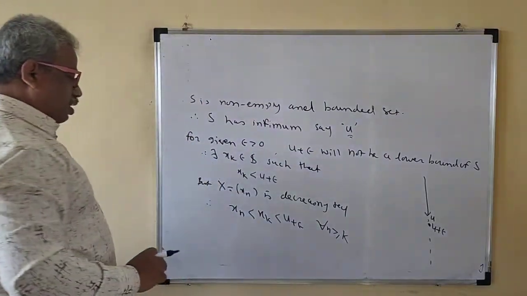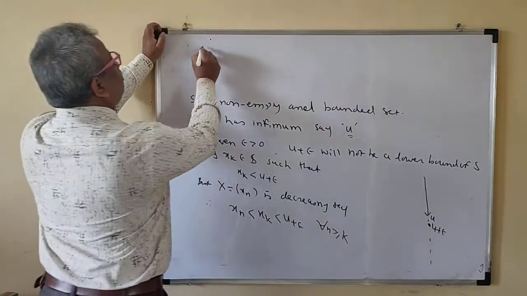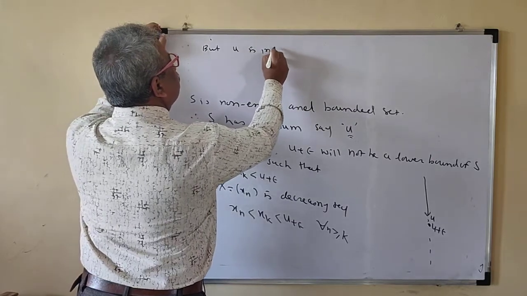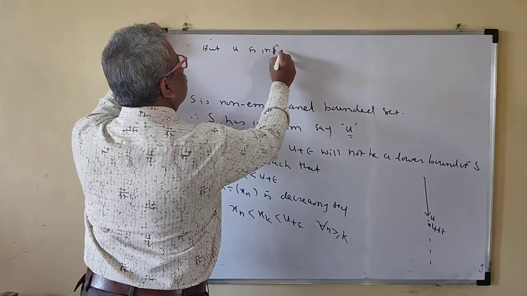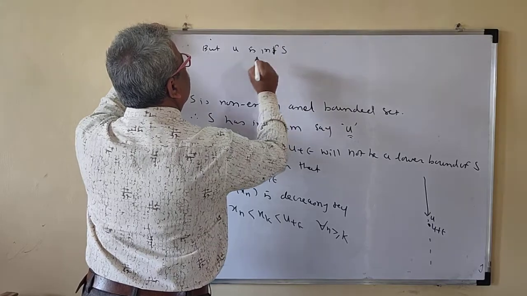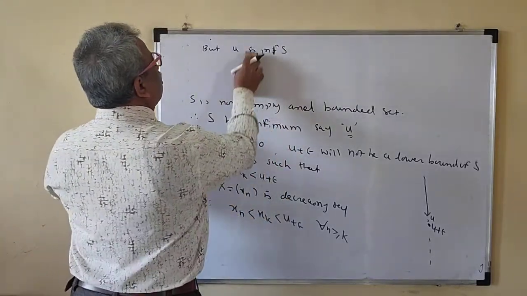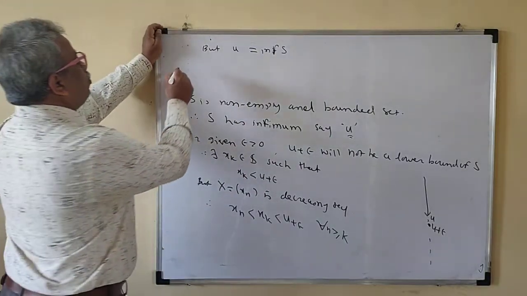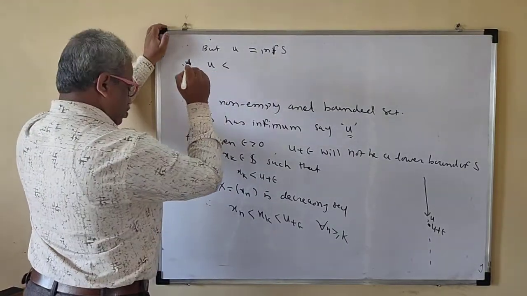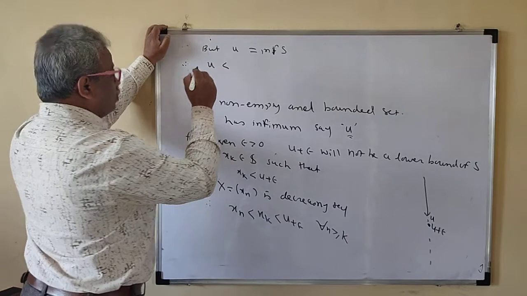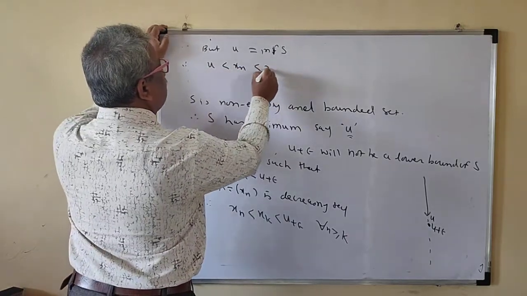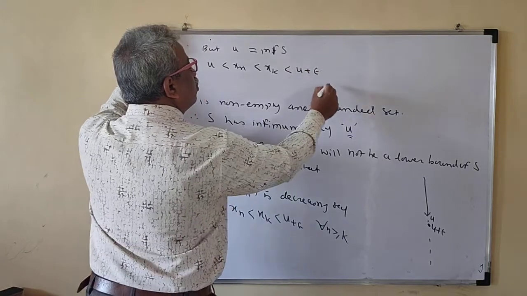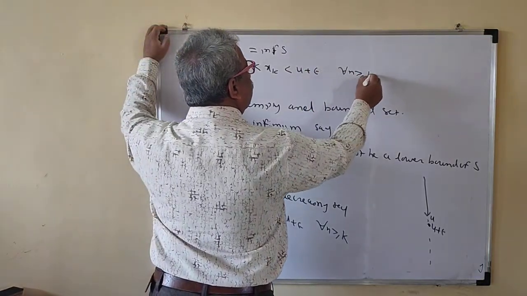Okay, but U is the infimum. Okay, just we'll write this simply. But U is the infimum, therefore U is less than xn is less than xk is less than U plus epsilon for all n greater than or equal to k.